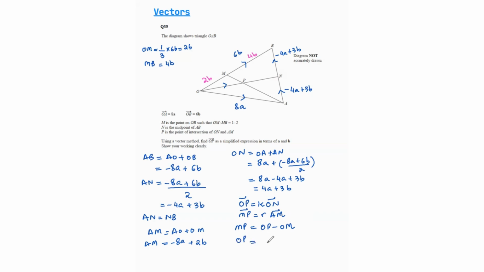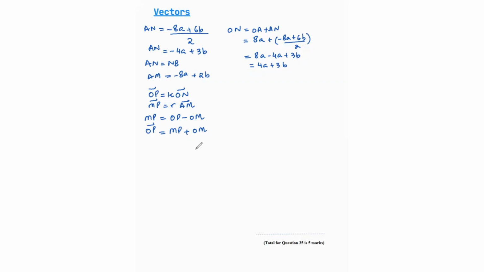So OP would be MP plus OM. If we move to the next page, the first equation we will create is OP is k times 4a plus 3b. So OP is equal to 4ka plus 3kb. That is our first equation for OP.